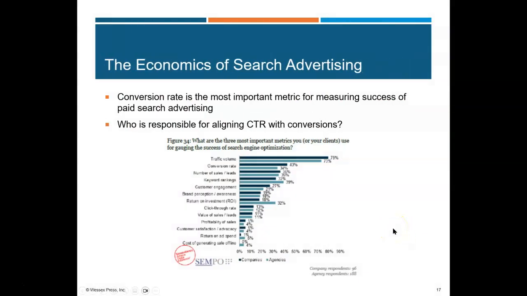So the economics of search advertising. Conversion rate is the most important metric for measuring success of paid search advertising. Who is responsible for aligning CTR or click-through rates with conversions?